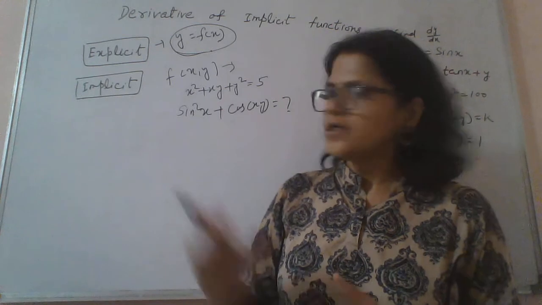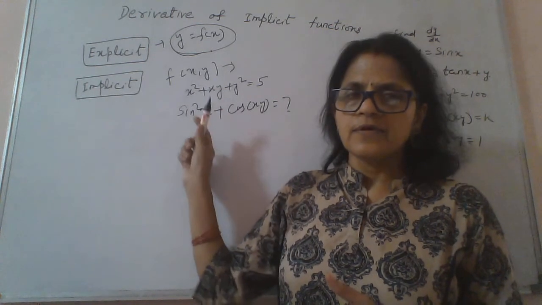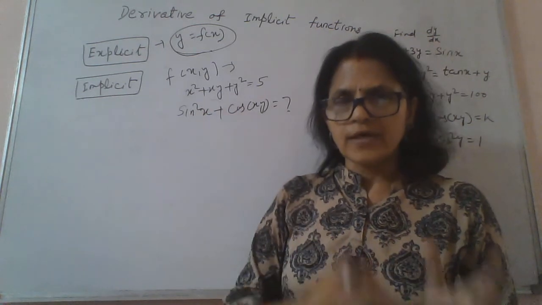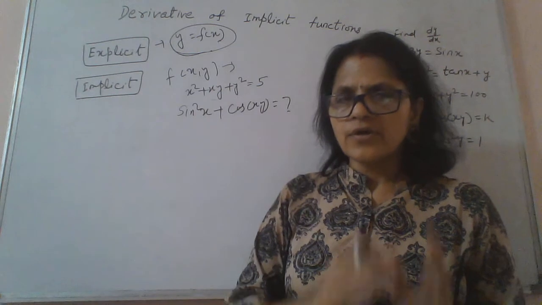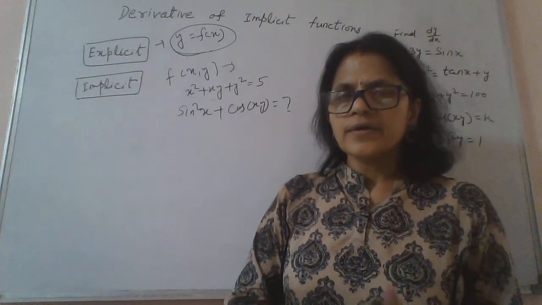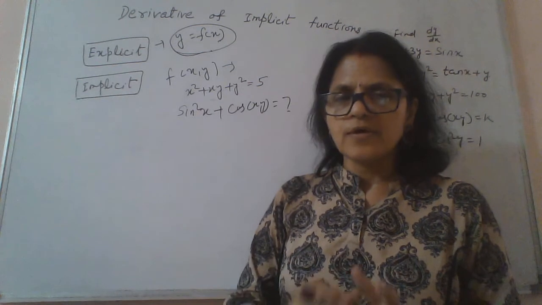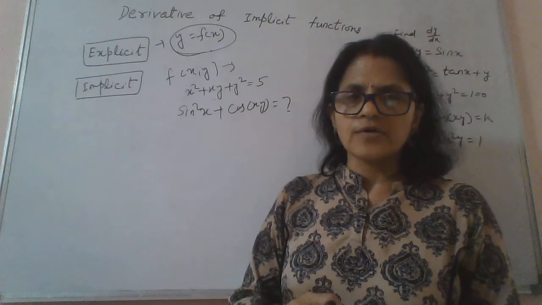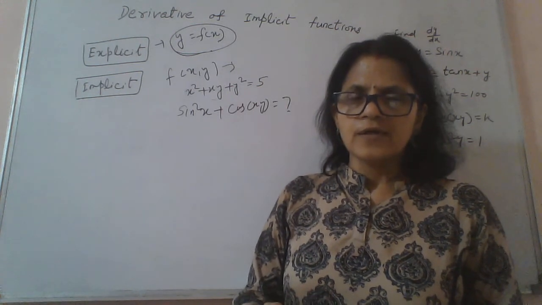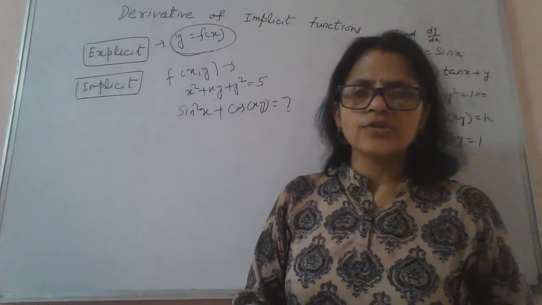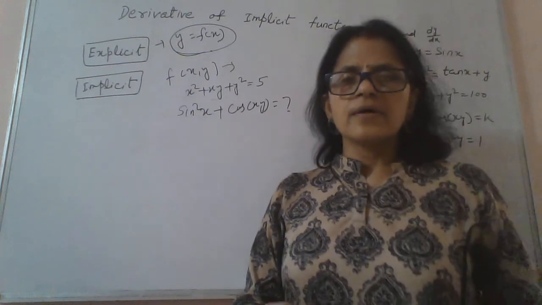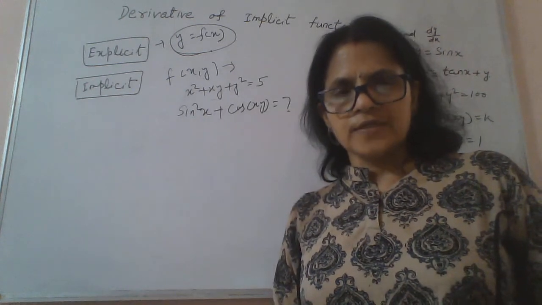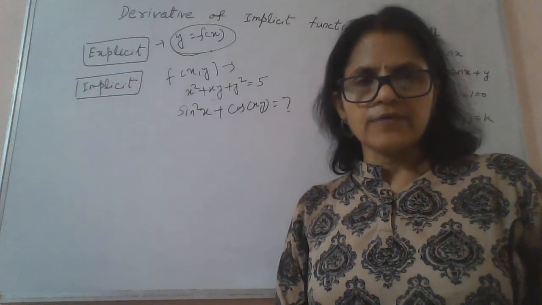So functions of this type, where we are using two variables but it is not possible to express one variable in terms of the other, are called implicit functions. The function which is not implicit can be an explicit function, and the function which is not explicit can be taken as an implicit function.